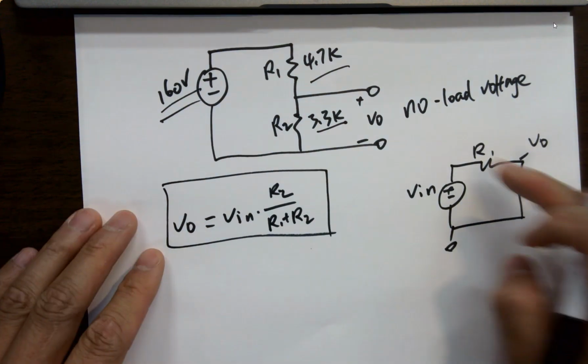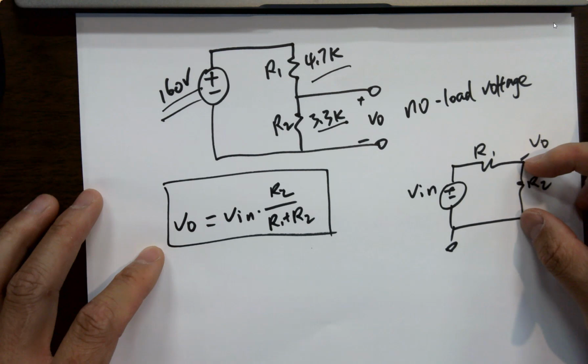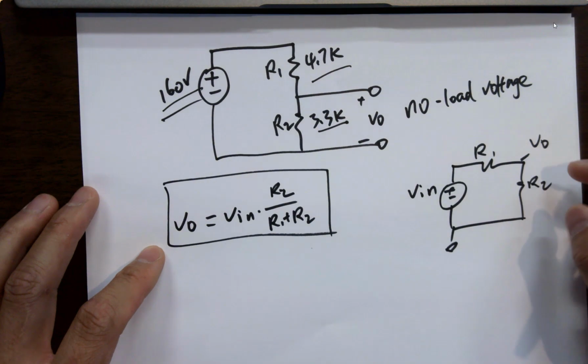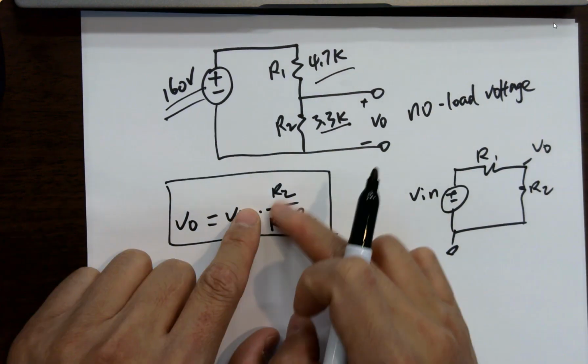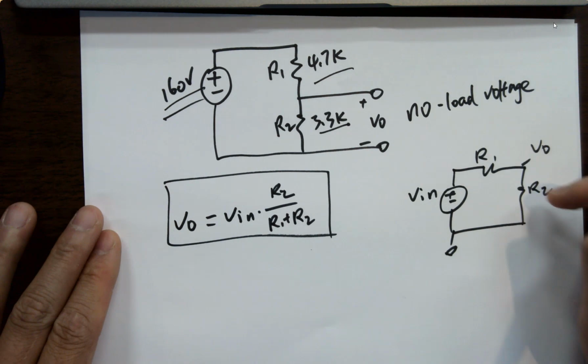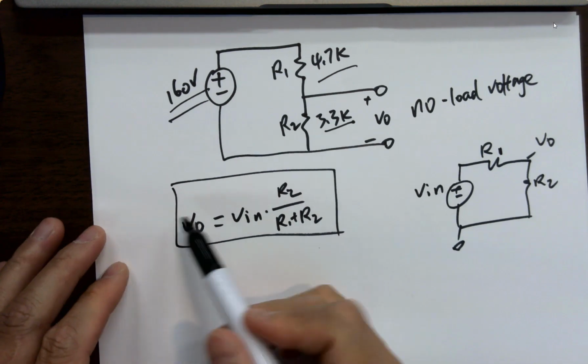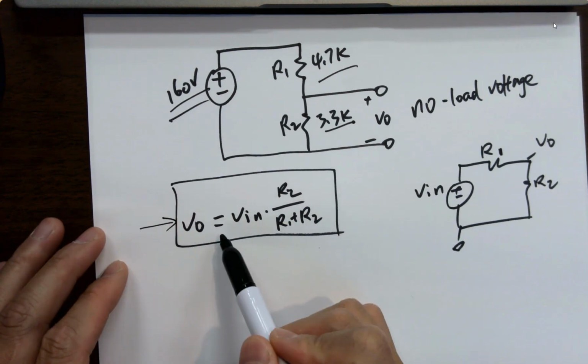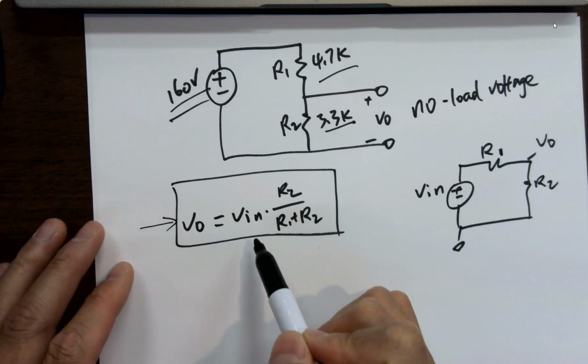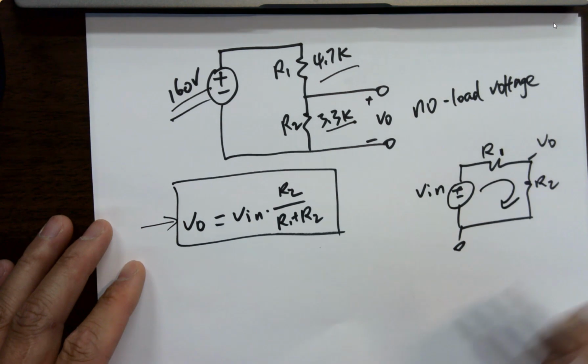It's dividing the voltage, so the resistance ratio equals the voltage ratio. A higher resistor will have a higher voltage drop because of Ohm's law. And the way we derived this equation is because they share the same current.